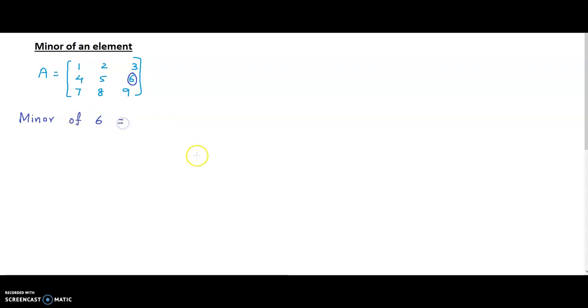Just now we have seen the definition. The minor of an element is the determinant obtained by deleting the row and column in which the element is present. In simple terms, we are trying to find the minor of 6. So wherever this 6 is, in which row and which column it is, we have to delete that row and that column.